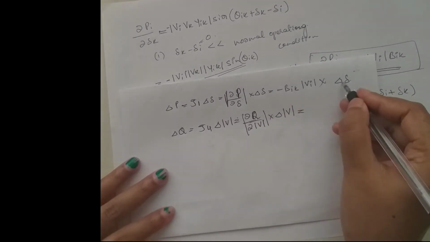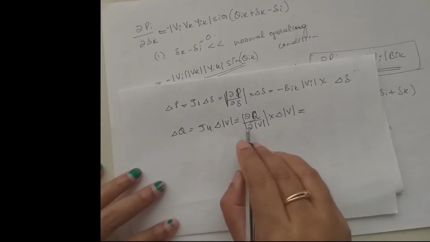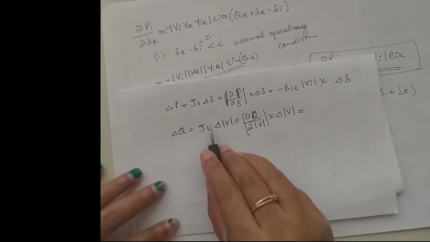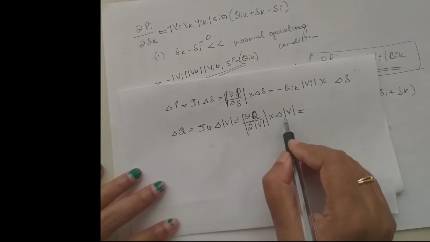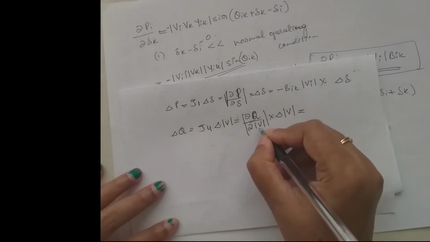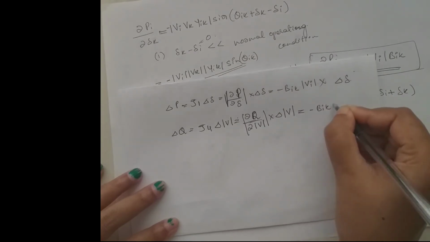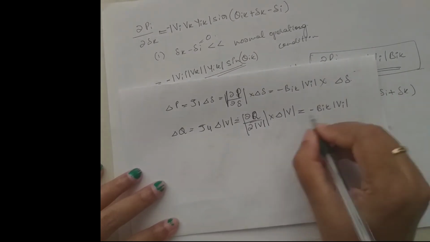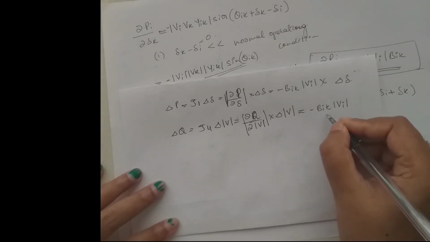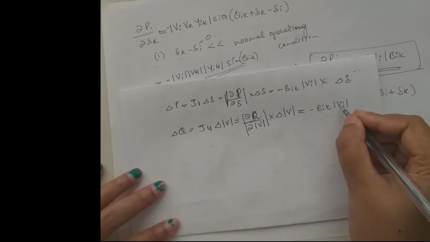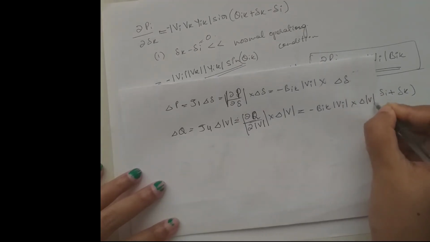This is multiplied by delta delta, and again delta Q is equal to J4 into delta V. J4 is also the L matrix, which is delta Q divided by delta V into delta V. Delta Q divided by delta V is equal to minus Bik into Vi, just now we got. When we take the ith term outside, we will get Bii into Vi, both are the same, into delta V.